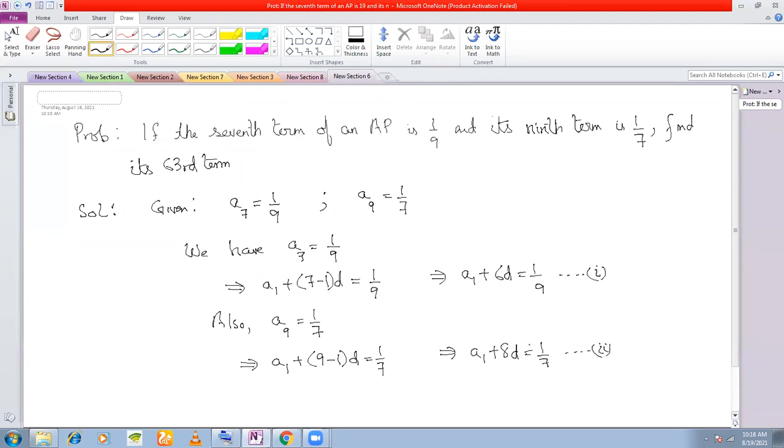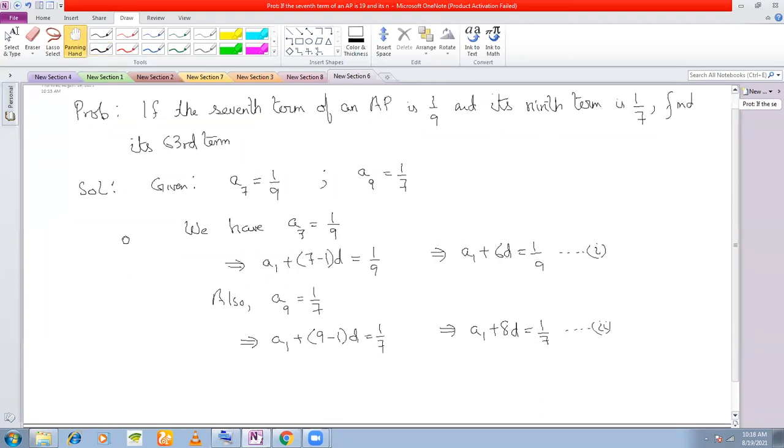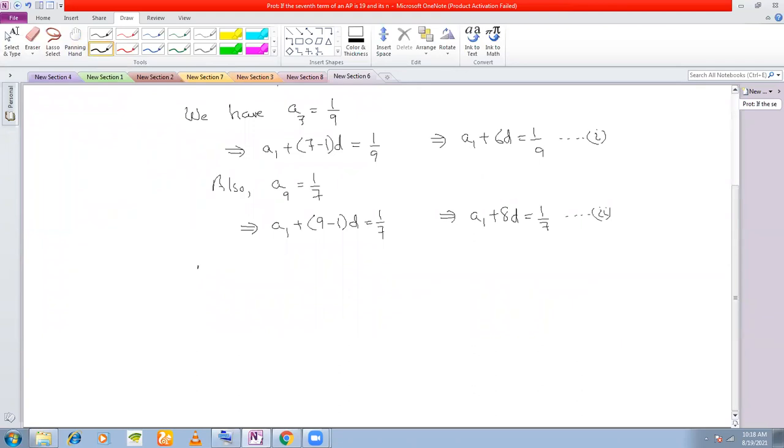Now these two are simultaneous equations which we can solve. How do you solve? Elimination method. A1 plus 6D is equal to 1 by 9. A1 plus 8D is equal to 1 by 7. Subtract. This cancels. So you get minus 2D is equal to 1 by 9 minus 1 by 7.